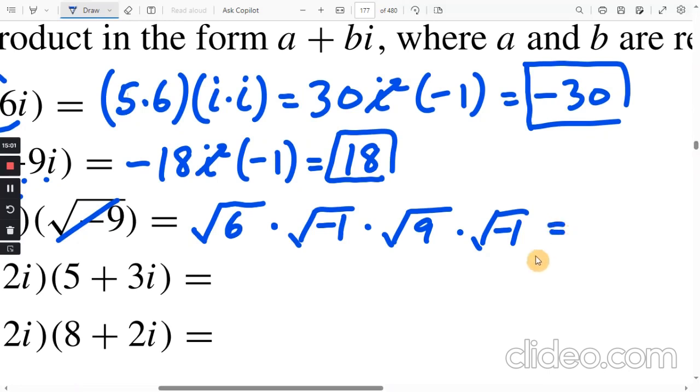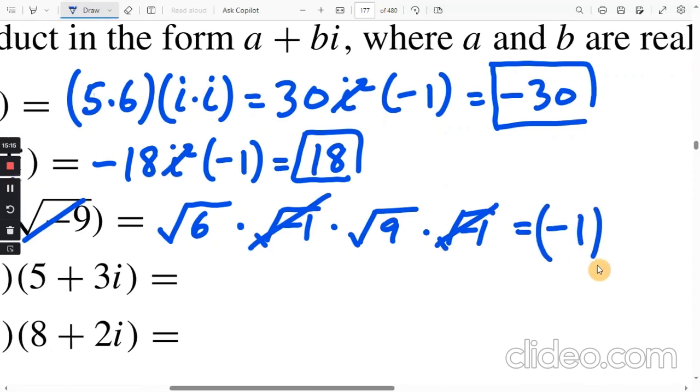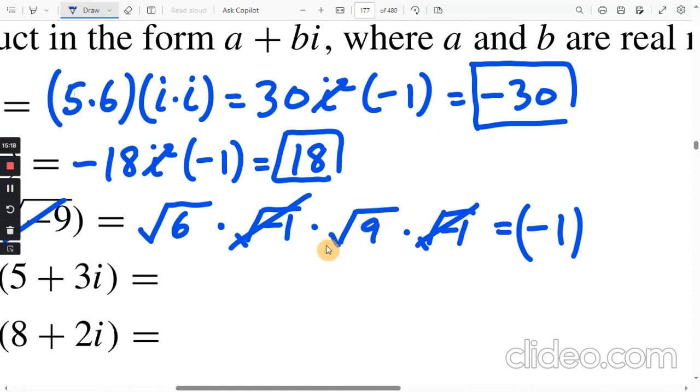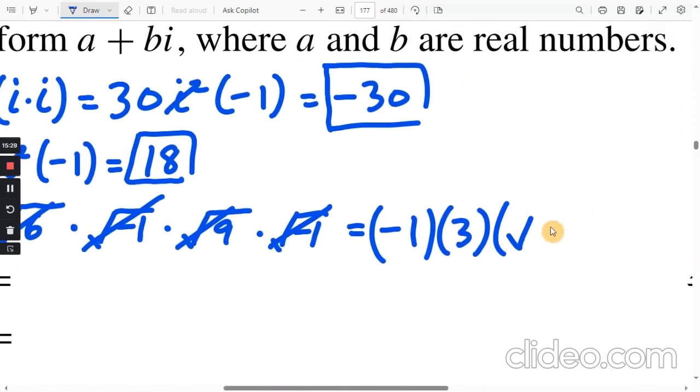Now, does the order matter when you multiply? No, it does not. So we can do the square root of negative 1 times the square root of negative 1, and that's just negative 1. We know the square root of 9 is just 3. And can we break up radical 6? No, we cannot. So it just stays as radical 6. All right, so of course, negative 1 times 3 is negative 3. And the radical 6 is left over.